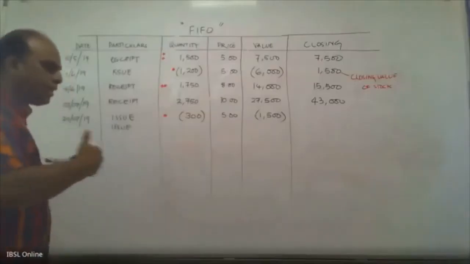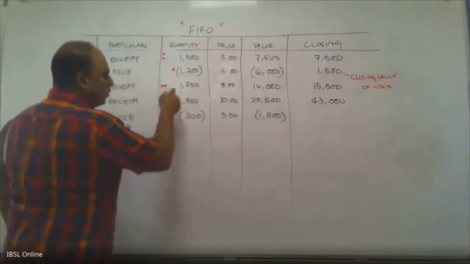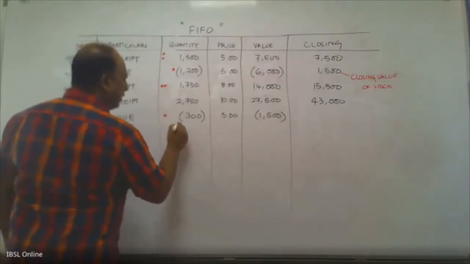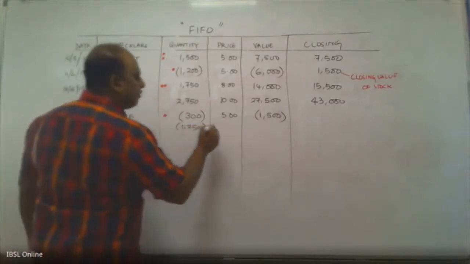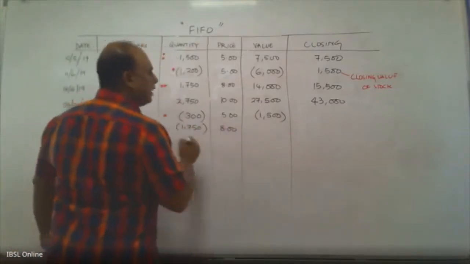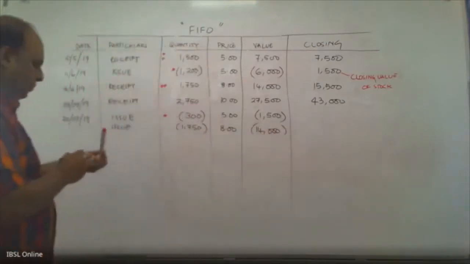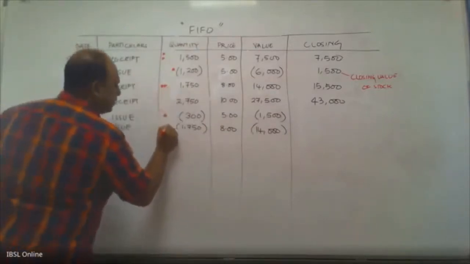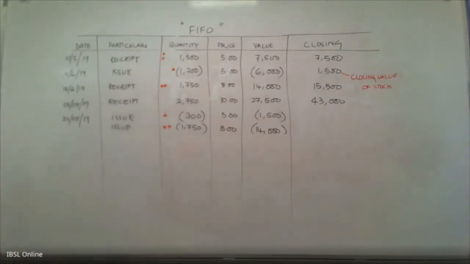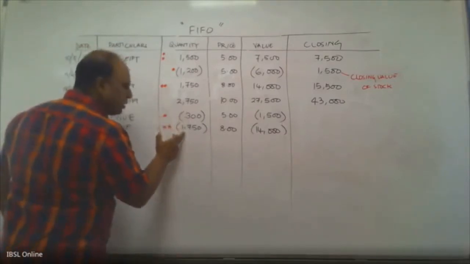I can issue the entire 1,750 because I have to make 3,000 units. So I will issue the entire 1,750 at the rate of 8 rupees. That will be 14,000. This is from this particular stock. Out of the 3,000, I have issued 300 here, another 1,750 here.